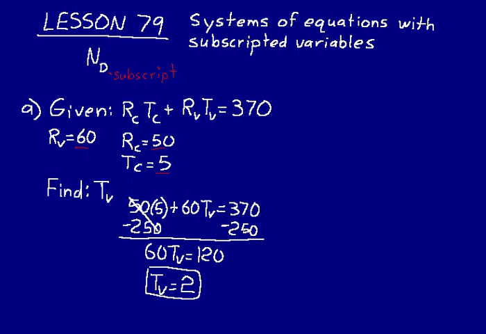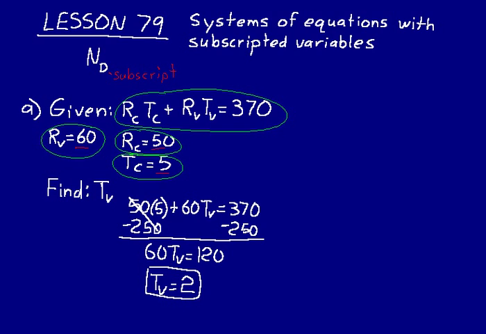Now, just something to think about here. How many equations were you given? Well, you were given one, this real big one with all the variables in it. Then 2, 3, 4. Remember, an equation is any relationship where there's an equal sign in it. How many unknowns did we have? We had 4 unknowns, RC, TC, RV, and TV.